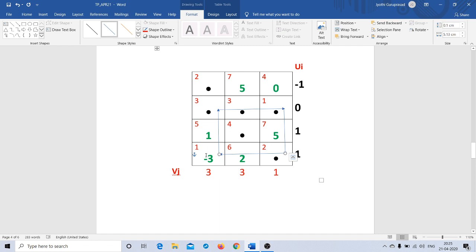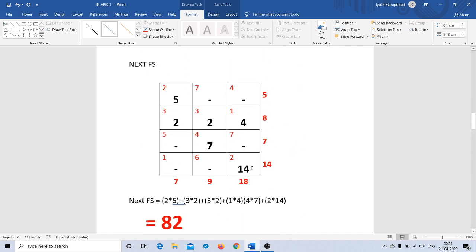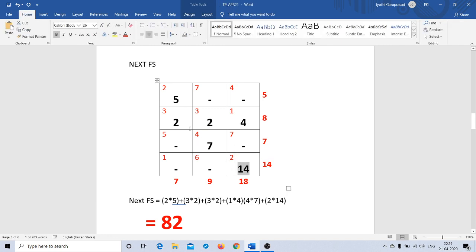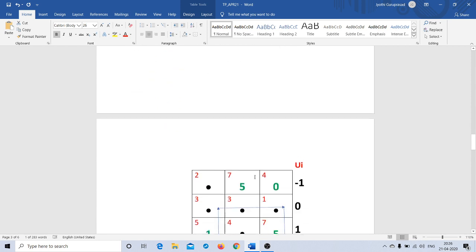Now I'm going to mark these alternately as plus or minus theta. This is the place where I started the loop, so this will be plus theta, this will be minus theta, this will be plus theta once again, and this will be minus theta. So these two cells are the negative theta cells, and the allocations in these two cells are 14 and 2.